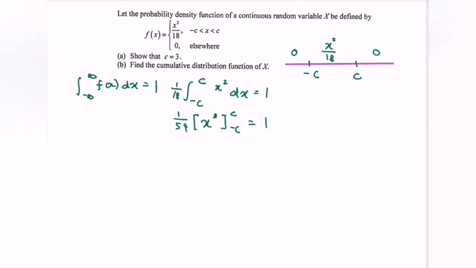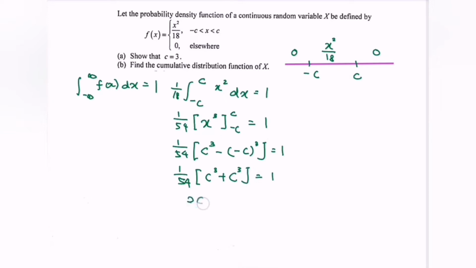Kindly substitute. So 1 over 54 bracket, if we substitute c, we will have c to the power of 3 minus bracket negative c to the power of 3, which equals 1. So 1 over 54 bracket c to the power of 3 plus c to the power of 3, which is equal to 1.